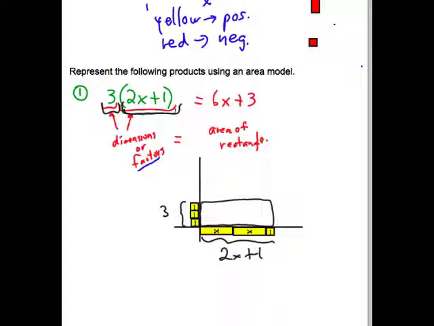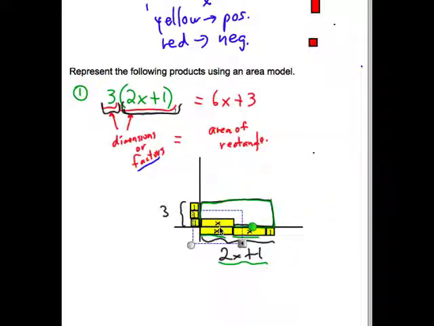The area that I'm going for here is the one I'm outlining in green, or black, depending how that's showing up. The tiles you see on the outside are only there to show me how much 3 units represents and how much 2x plus 1 units represents. So it's x plus x plus 1 is 2x plus 1. Now I need to fill in the green rectangle to see what it's made up of.